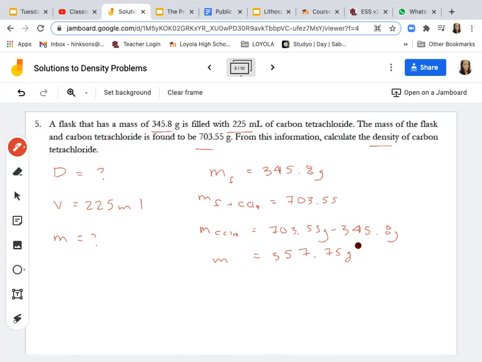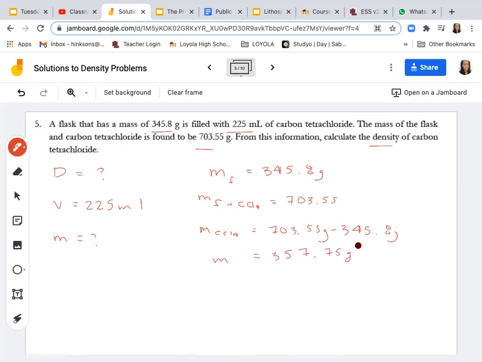So it's telling you you have a flask, and it has a mass of 345.8 grams. That's the mass of the flask alone. They tell you that the carbon tetrachloride and the flask have a mass of 703.55 grams.